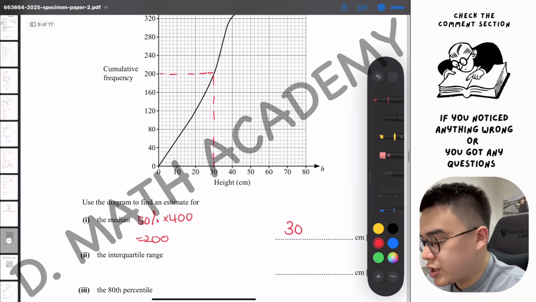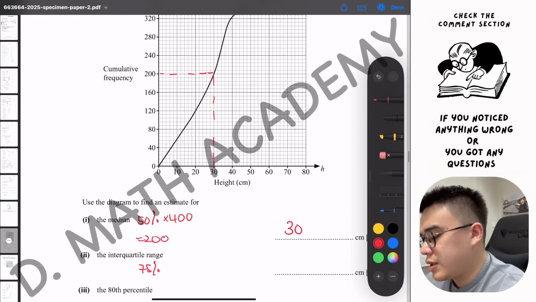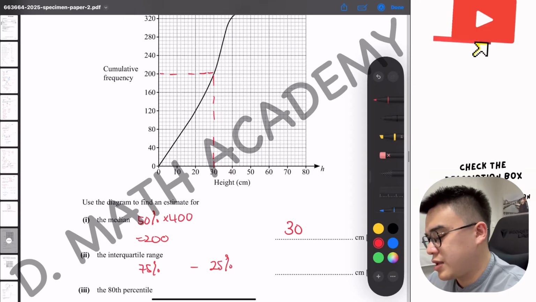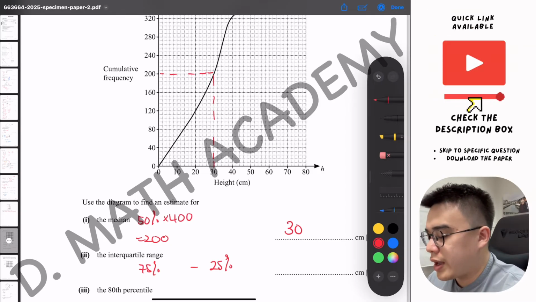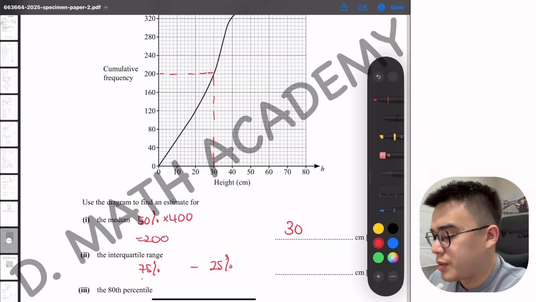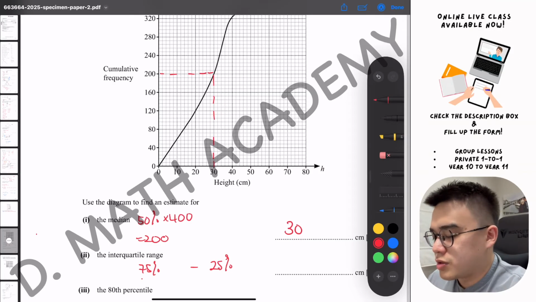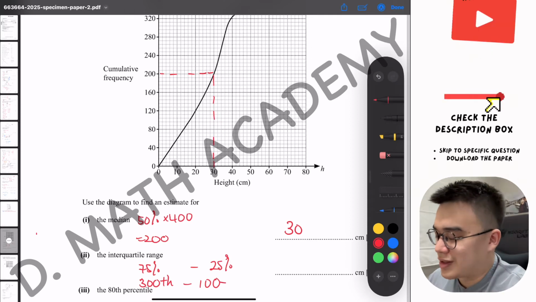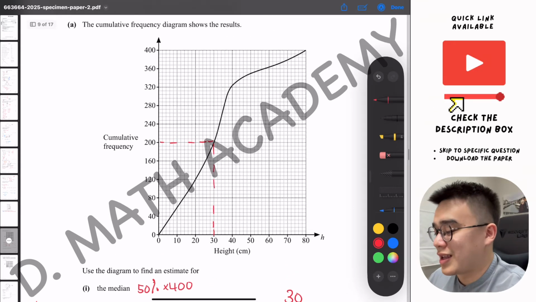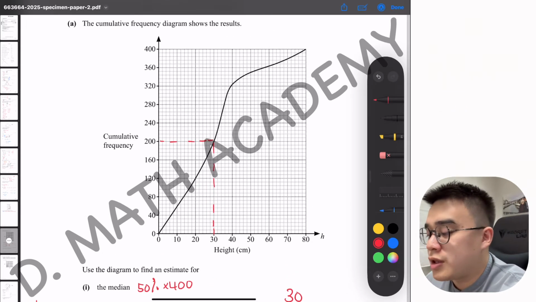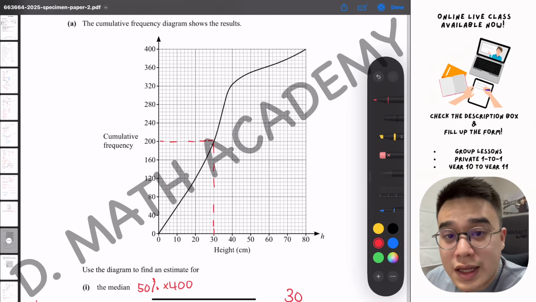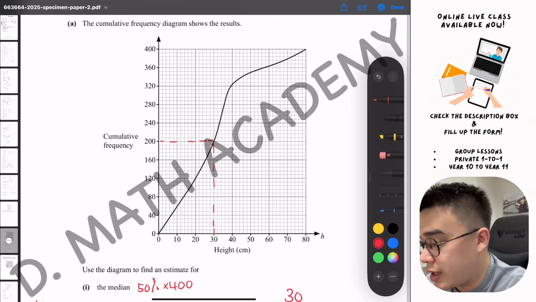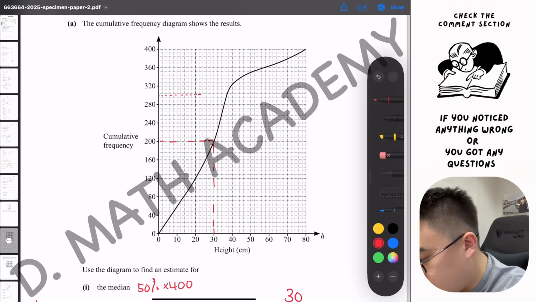So for interquartile range, it will be 75% minus 25%, which are represented by, how much was it? Oh, I'm so lazy to calculate it. 300 and 100. Okay, luckily my brain started to kick in again. So 300 is located exactly in between 280 and 330.